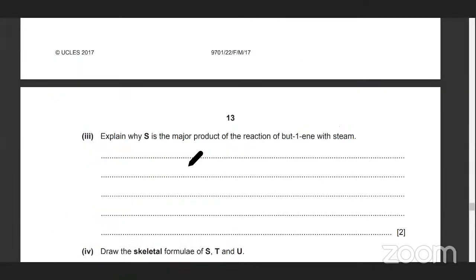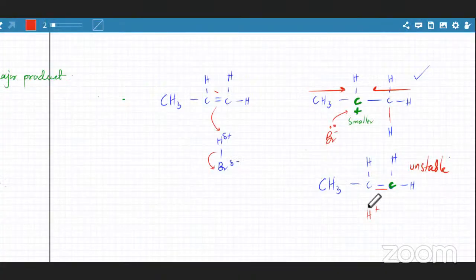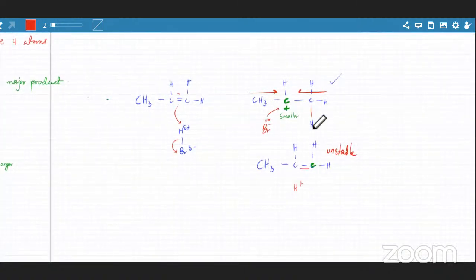So the answer that you're going to write is you're going to talk about the carbocations that are going to be formed. You're going to talk about the secondary carbocation that is formed, or you can draw the shape of the molecule. I mean, you can simply draw whatever we have drawn over here, and you're going to talk about the stability of this carbocation.